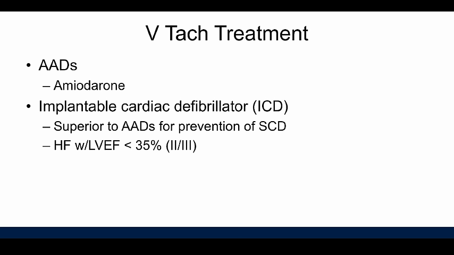In fact, patients such as those with heart failure who have an ejection fraction of less than 35%, typically these are going to be our functional class 2-3 patients that are symptomatic. You'll learn more about that in the upcoming week. But those patients with heart failure, who have a decreased ejection fraction, less than 35%, their myocardial activity is such that they are at a significant increased risk for sudden cardiac death.